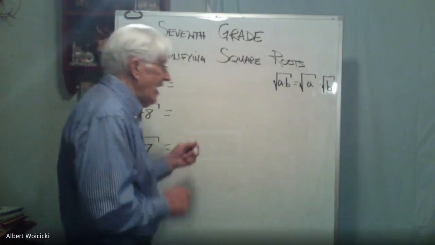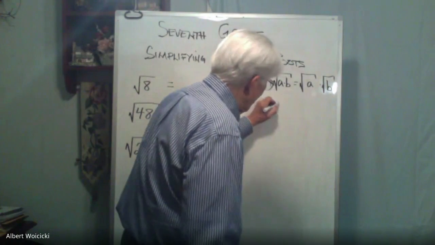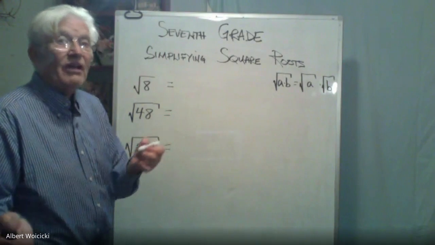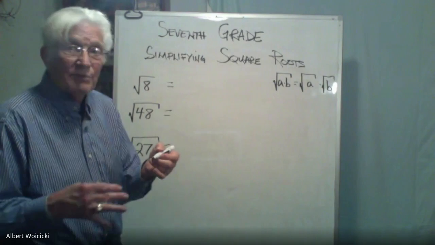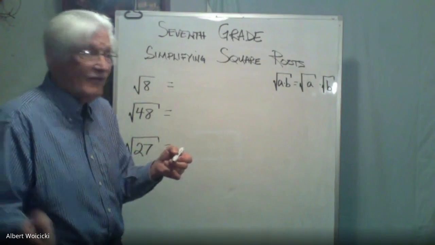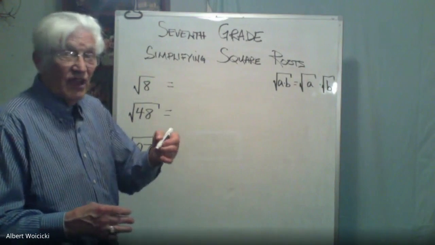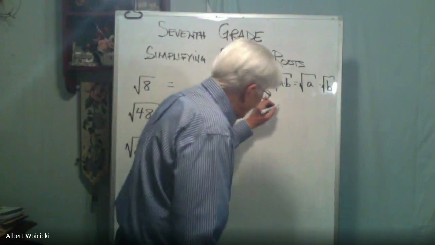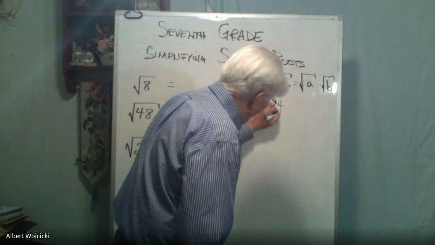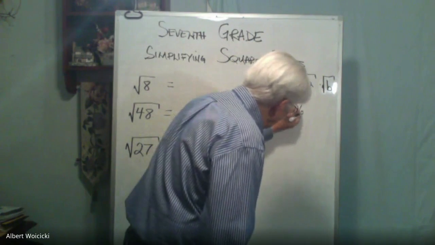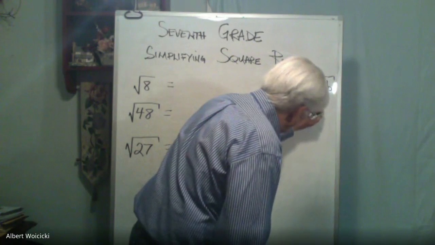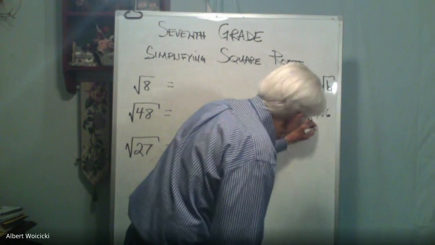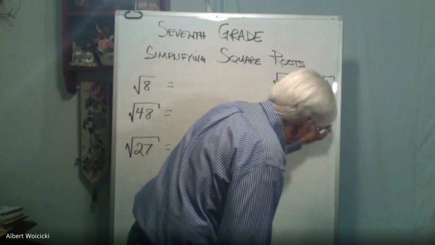So, you should have a list of perfect squares. One doesn't help us because it just changes nothing. 1 times 8 is still 8. 1 times 25 is still 25. 1 times 150 is still 150. So it doesn't fix anything. But the next perfect squares are 4, 9, 16, 25, 36, then we have 49, 64, 81, and 100.